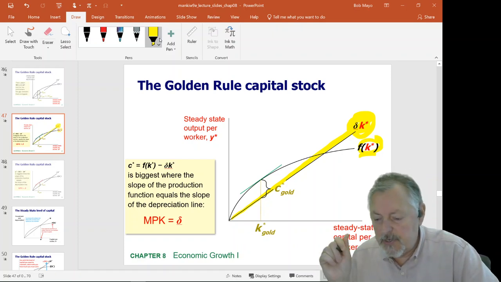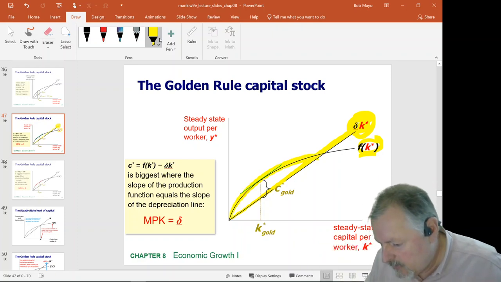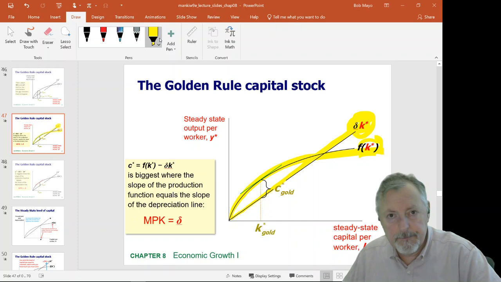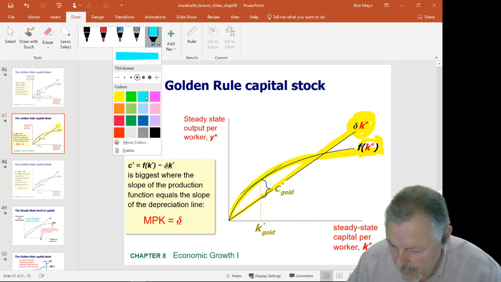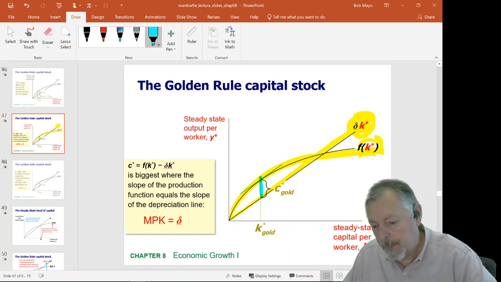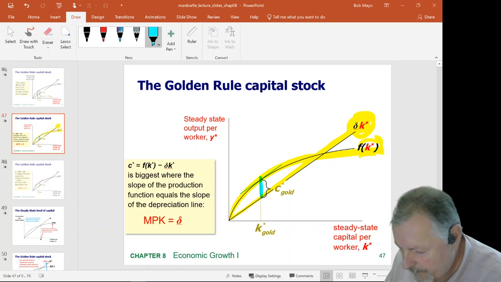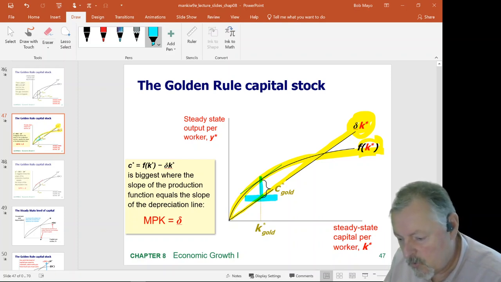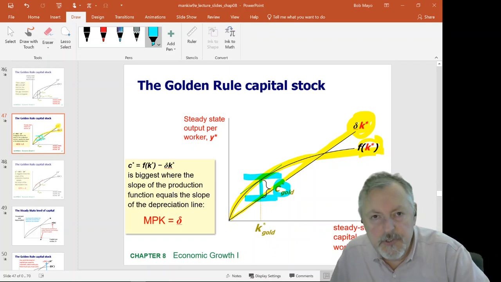Well, if this is how much you're saving, and this is total output, then what is that? You are saving that much, you're producing that much. The difference between the two is consumption.